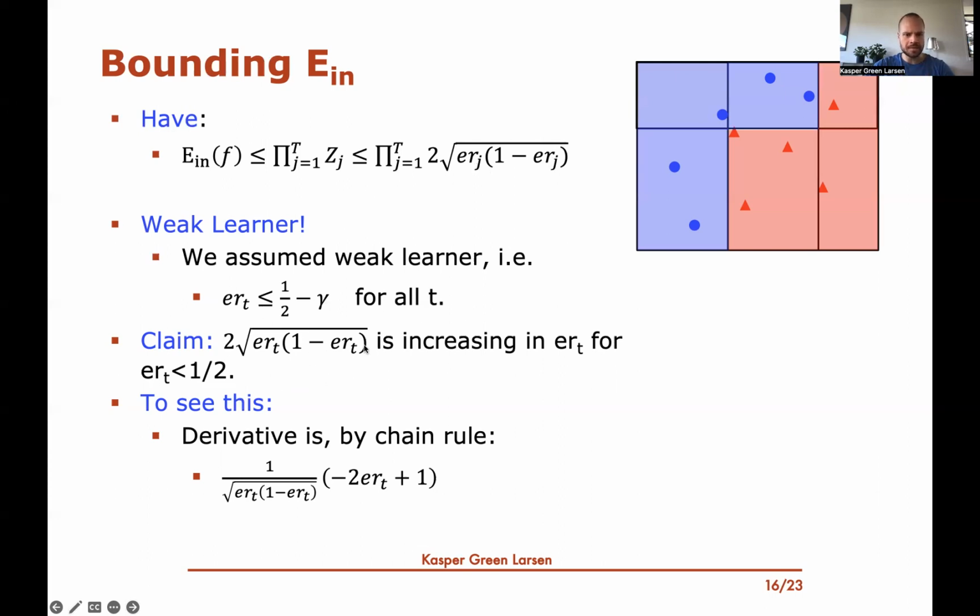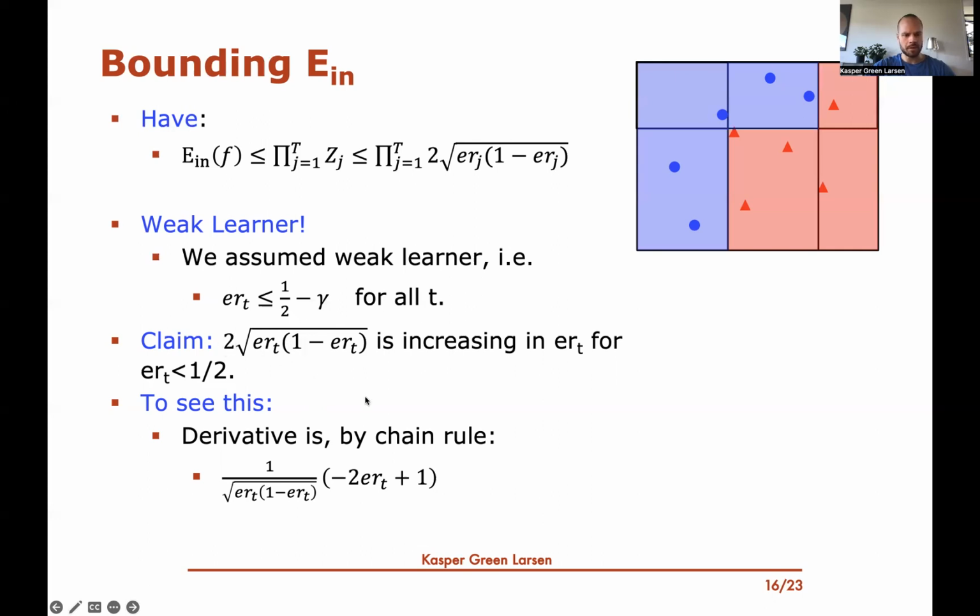To see that this is an increasing function, the easiest way to see that something is increasing in an interval is to compute the derivative and see that the derivative is non-negative. So let's do the derivative of this expression. The factor 2 stays outside, then by the chain rule, here I have a square root. The derivative of the square root is a half times 1 over the square root. The inner function is still the same, so the 1/2 cancels out with the 2.